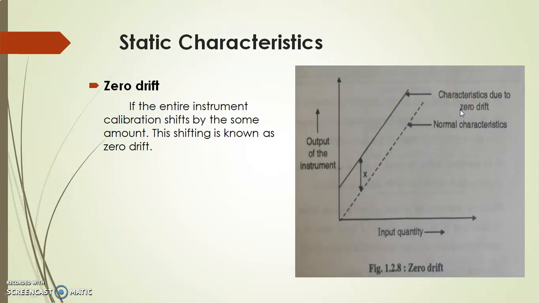That means the entire instrument calibration and characteristic is shifted upward by some amount, X amount, due to the zero drift. That is called the zero drift of an instrument.